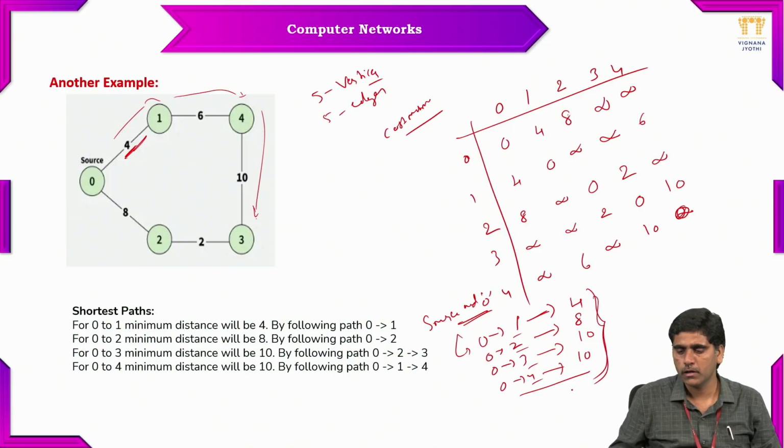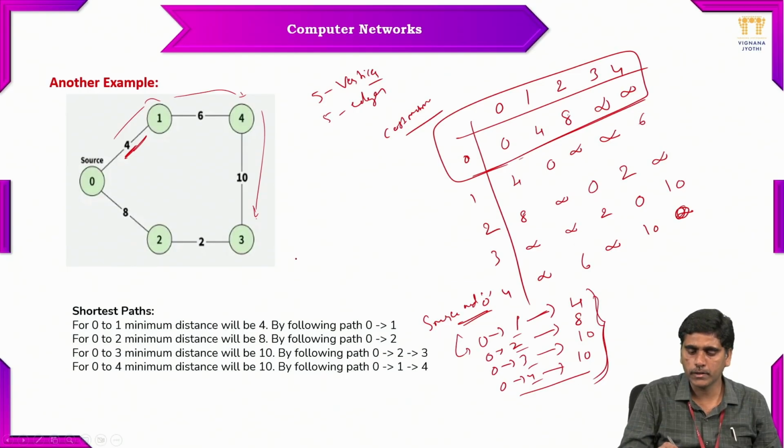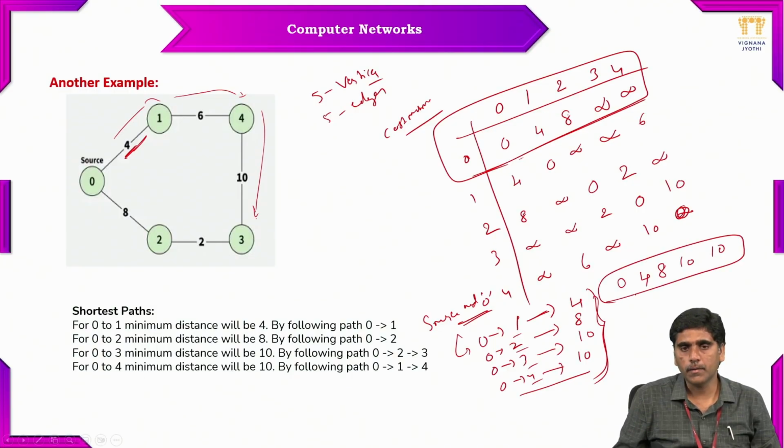The updated values are 0, 4, 8, 10, 10. These are the distance values from source node 0 to all the remaining nodes.